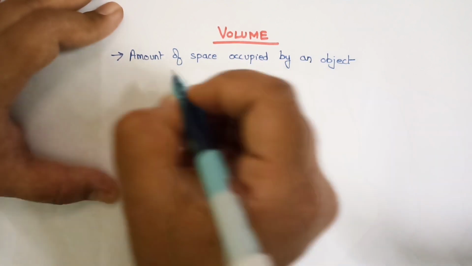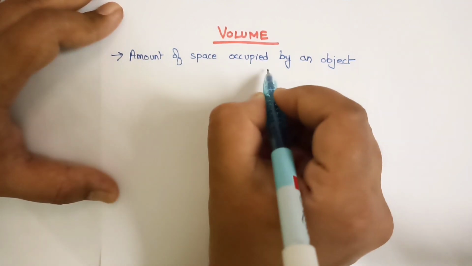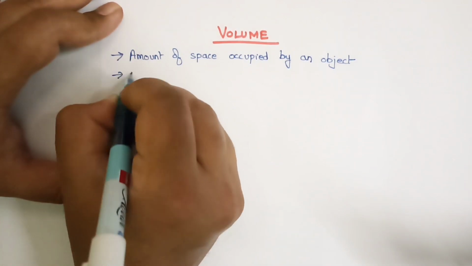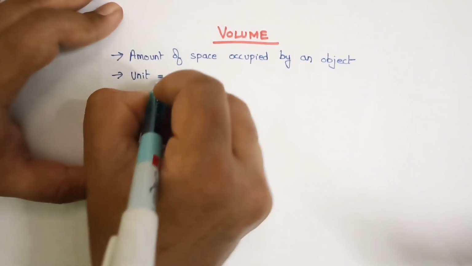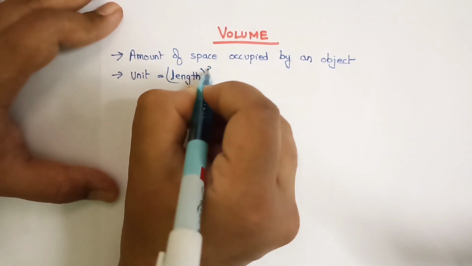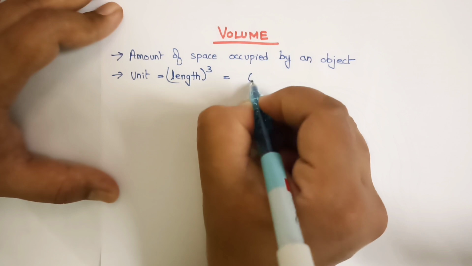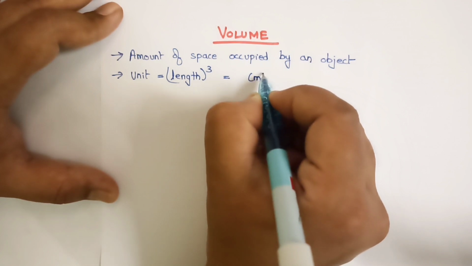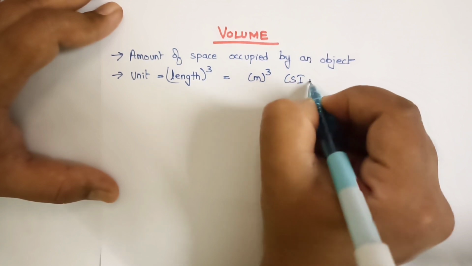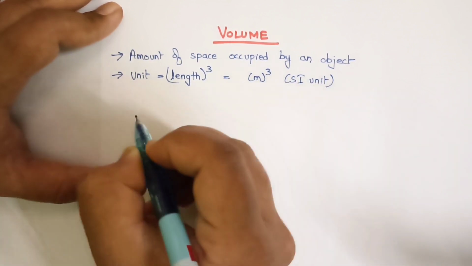Volume is the amount of space occupied by an object. Its SI unit is length cube. The SI unit of length is meter, so the SI unit of volume is meter cube.